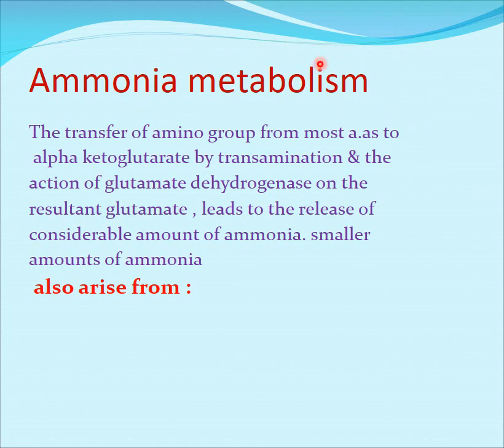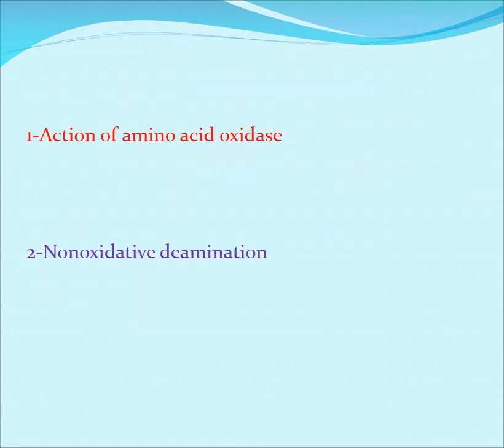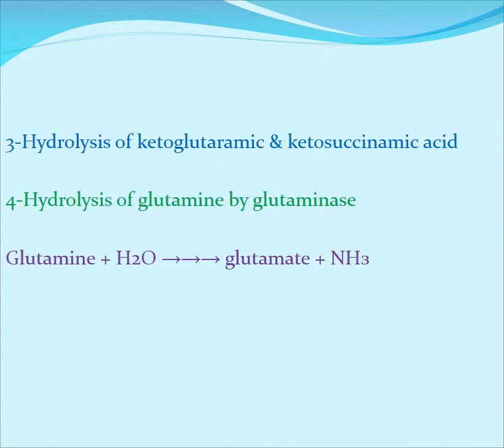So ammonia may arise from different processes. From the action of amino acid oxidase, we spoke about it in the intestine. Amino acid oxidases will result in the direct production of ammonia. From non-oxidative deamination, from hydrolysis of alpha-ketoglutaramic acid and alpha-ketosuccinic acid, this is not very important, and from hydrolysis of glutamine by glutaminase.